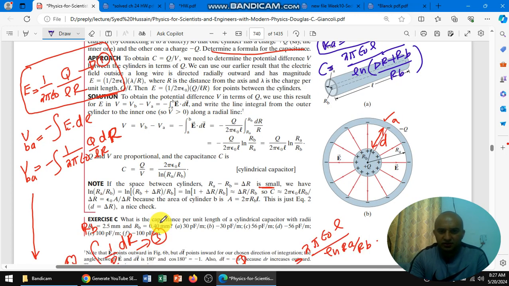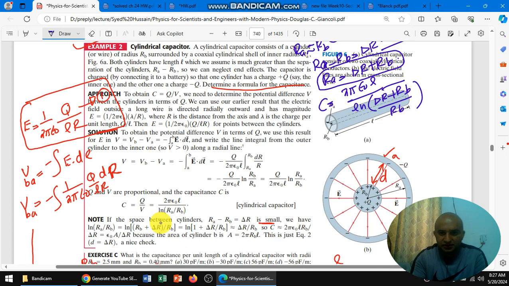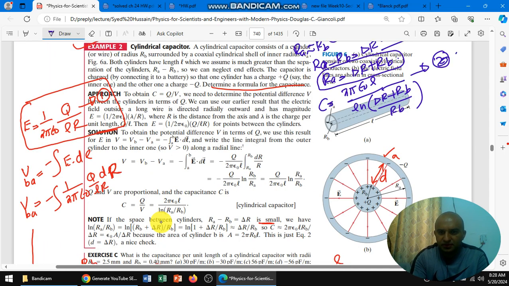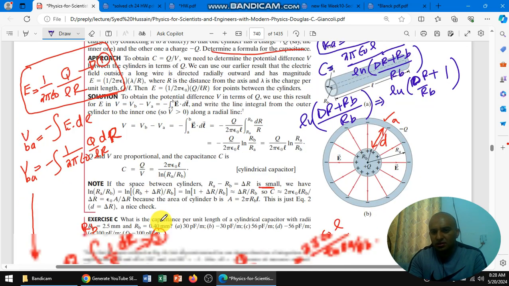We can also solve this term separately. This is equation number 4. Now we can solve this one: log of delta R plus RB over RB is equal to log of delta R over RB plus 1.